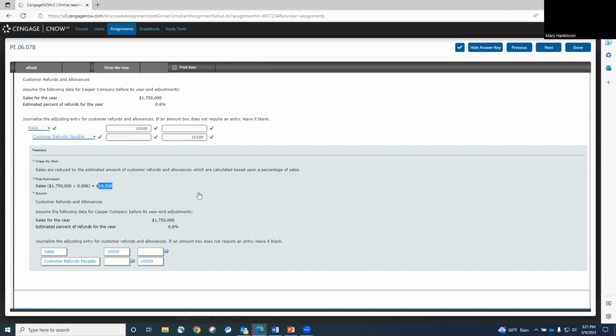So how do we journalize this? What we're going to do is reduce our sales revenue account, and we're going to create a customer refund payable. That customer refund payable will be used in the next fiscal year, and every refund issued will be used to reduce that payable.